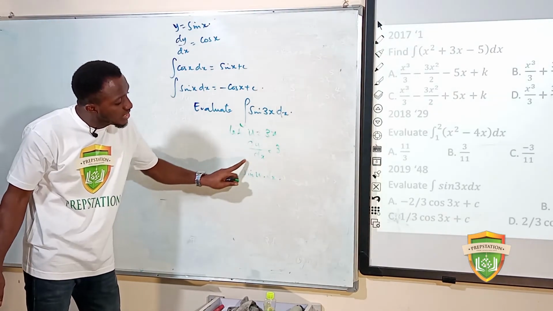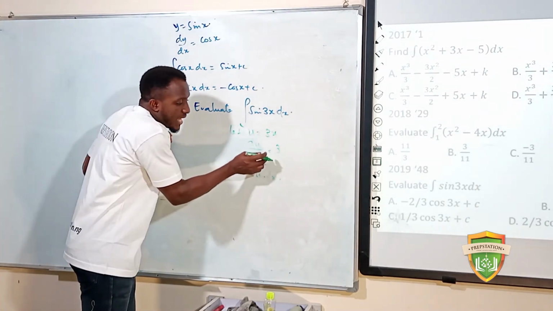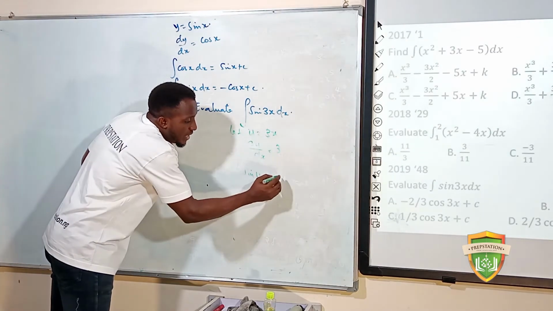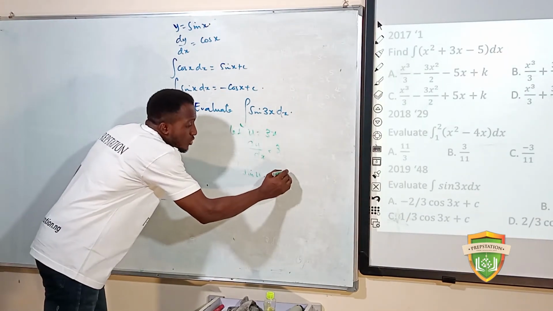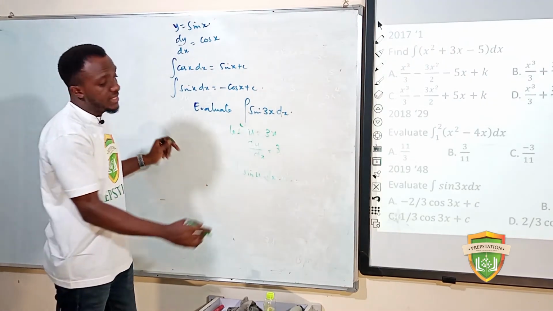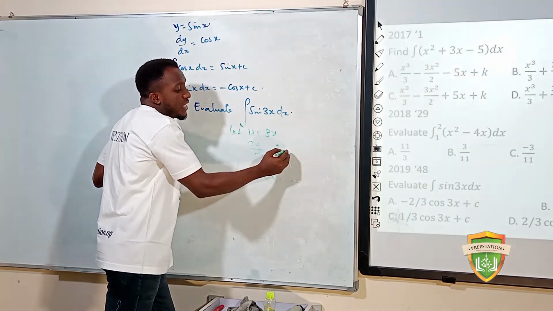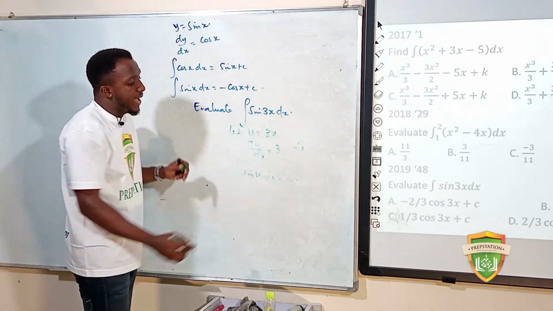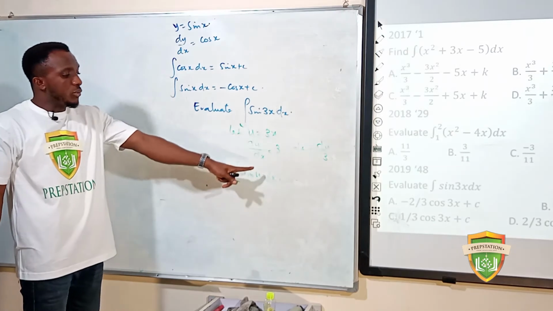We must integrate sine u with respect to u. So how do we come about that? What happens to this dx? Very easy. Go back here. du/dx is 3. So dx is simply du over 3. You can do it like that.